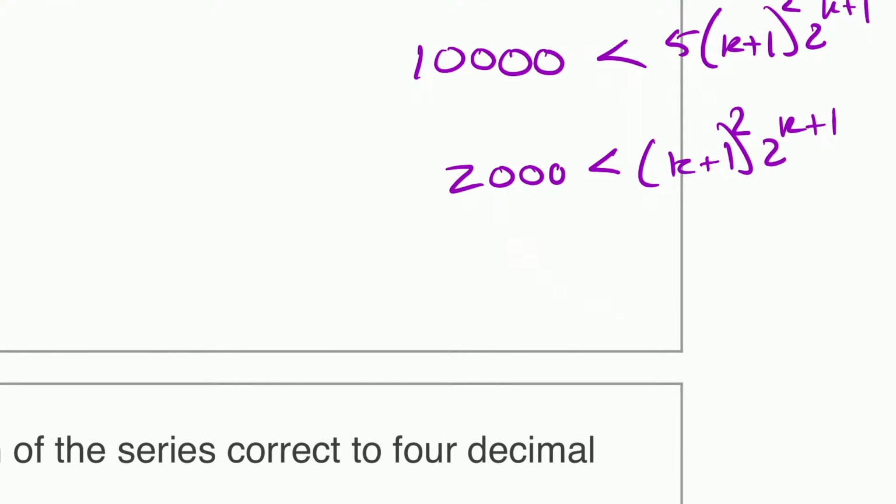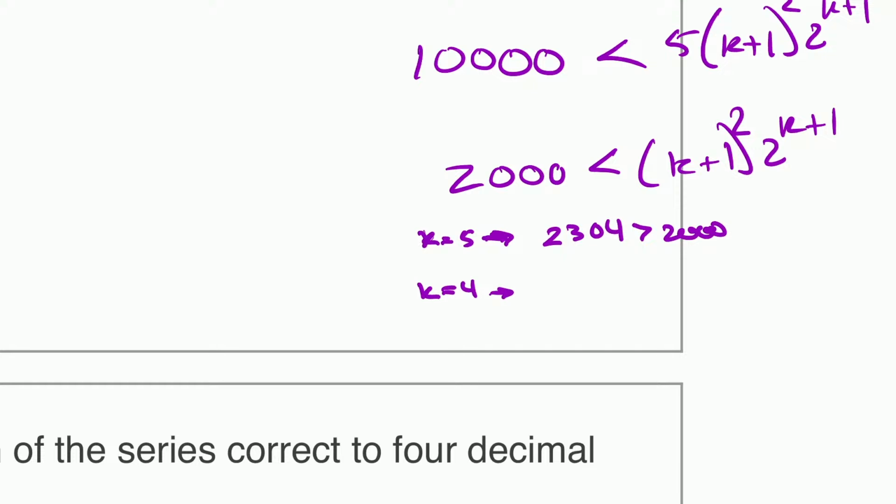Then if we set k equals 5, actually I think I might have hit it perfectly, because k equals 5 is 6 squared times 2 to the 6th, and that's 2,304, which is greater than 2,000. So k equals 5, I think, is going to be the magic number.